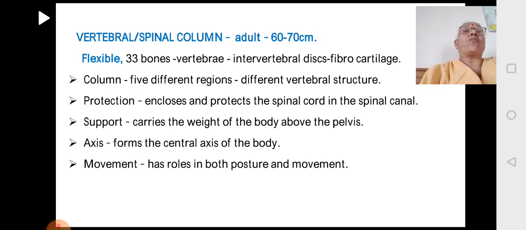So whatever weight is there in the trunk region and the head region will be supported by the vertebral column, and it forms the central axis of the body. It helps in movement, both in maintaining the posture and while moving, it helps to support the body.